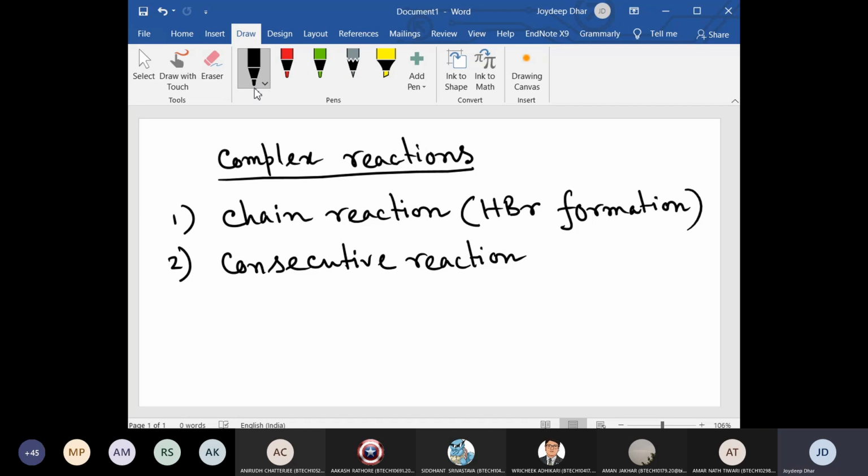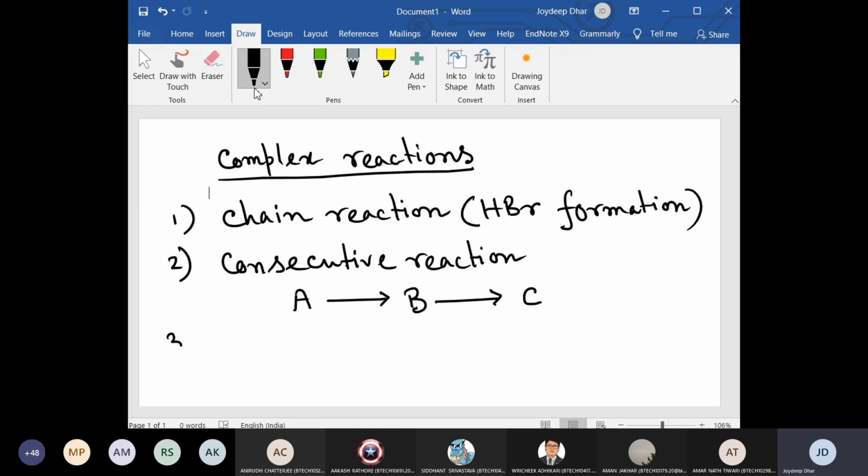In the consecutive reaction, initially the starting material A will give some intermediate B, and B will later be converted into the final product C. I can show more steps, but for the sake of simplicity, I can show only 2 steps in consecutive reaction, A to B and B to C. C is the final product, B is the intermediate product. B is unstable, so it converts into C. So you have to follow the kinetics of this reaction.